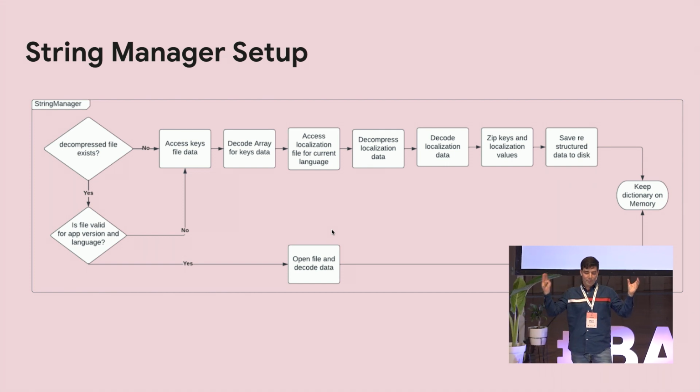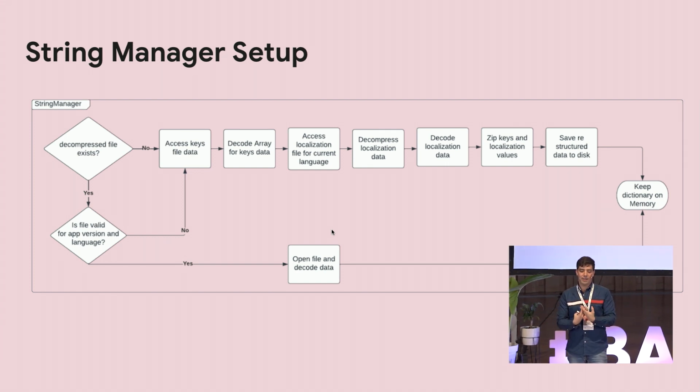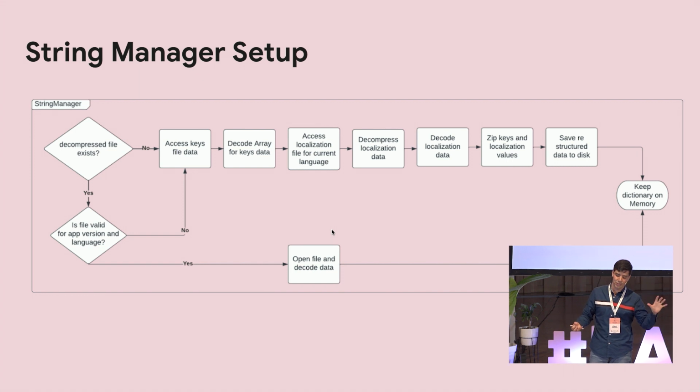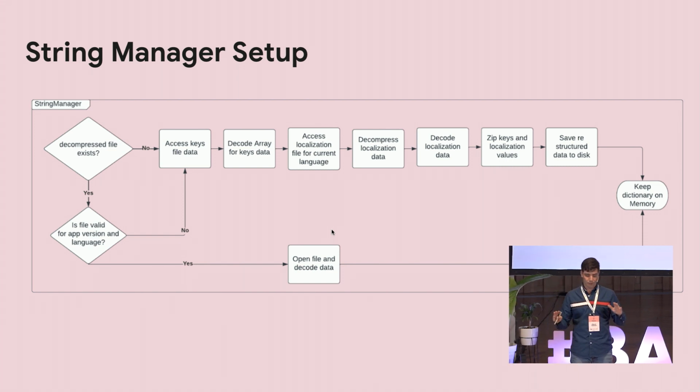Opening the keys, opening the translations, obviously decompressing the data, then zipping all the data together, transforming that into a dictionary where the keys are actually the translation keys, and the values are going to be the actual translation values. And at the end, we keep a representation of this state in memory. We're going to see a sample of how this looks in code.